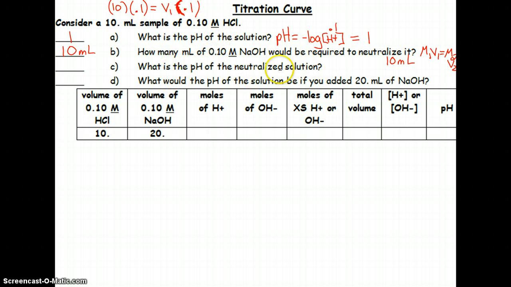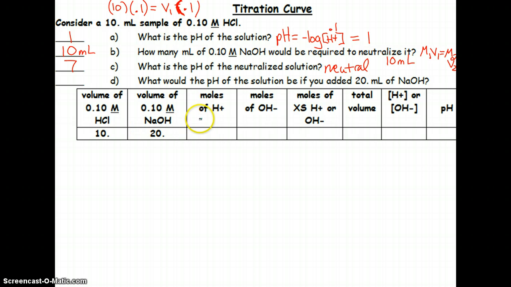The pH of the neutralized solution? Well, a strong acid and a strong base make a neutral salt, and since it's a neutral salt, we know the pH will be 7. Next, the pH of the solution if you added 20 mL of NaOH. For that, you're going to need this little chart down here. You have 10 mL of the HCl, and then you added 20 mL of the NaOH.